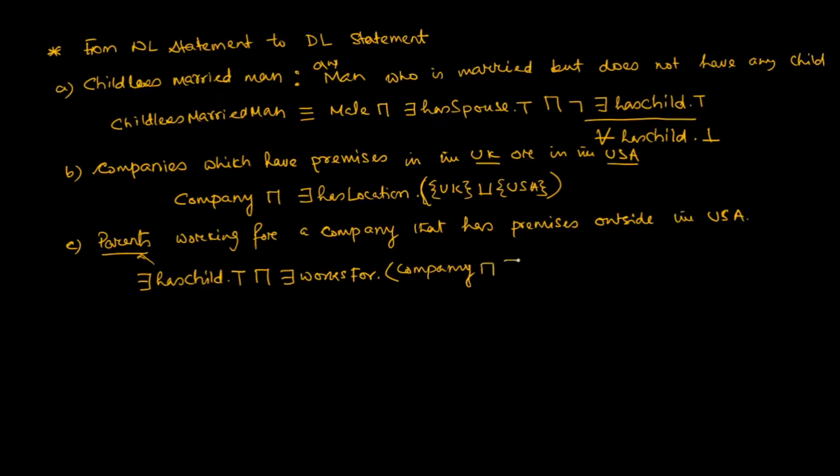So it has location something other than USA. So in order to take negation or complement, you have to convert this USA individual to a class first using nominal, right?